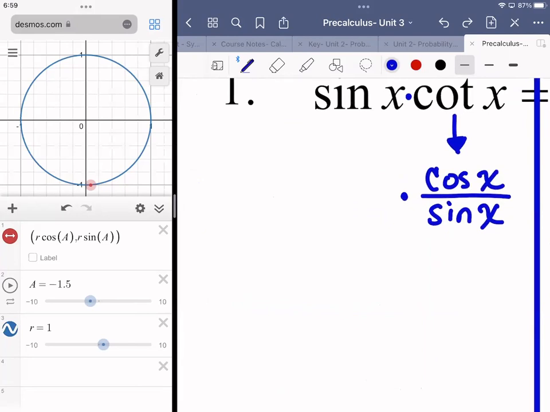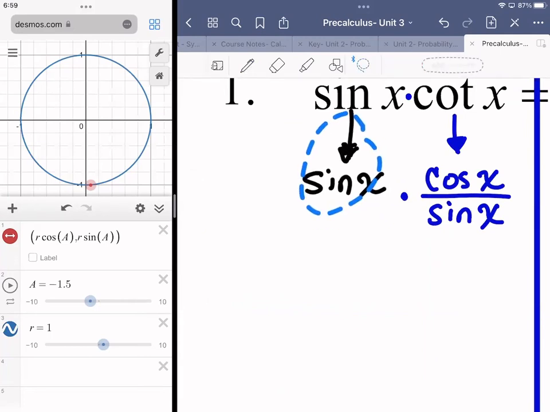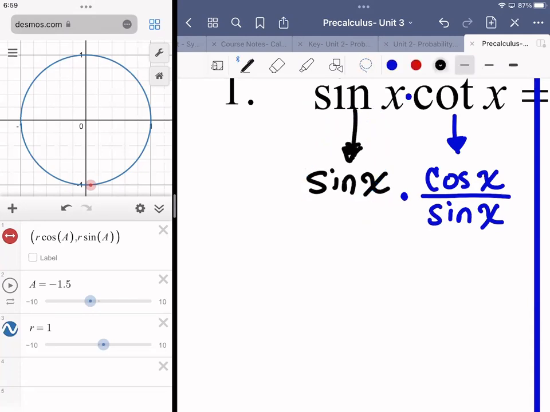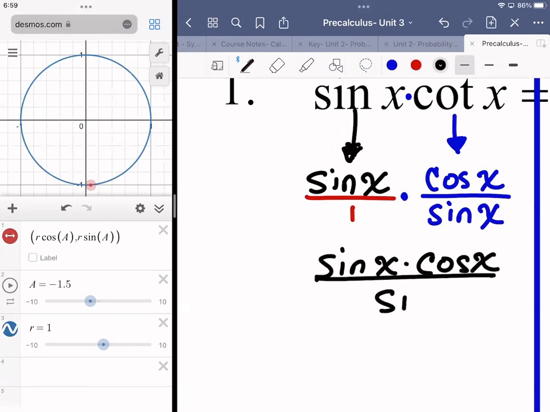So I'm going to take that and multiply it by the sine of x that's already there. Now, multiplying two fractions requires you to multiply the numerators together and the denominators together. All right. Well, this first fraction, quote unquote fraction, doesn't have a denominator, so I'll give it one. So this would be the same as saying sine x times cosine x over sine x.